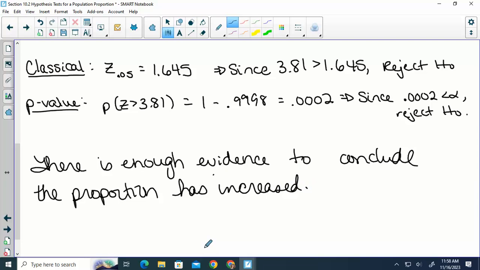So your set pattern, does the sentence have to be in there? Not necessarily, as long as you are saying, you know, we have enough evidence and telling me what you're concluding. Okay.